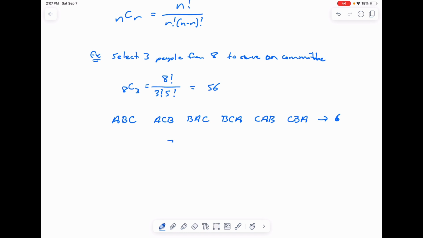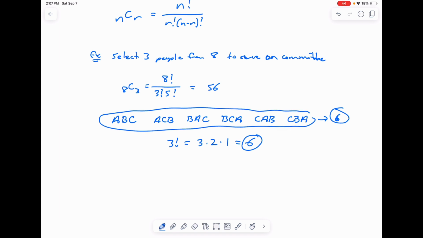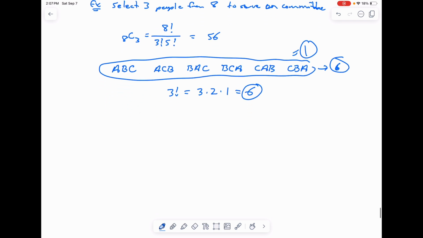Well, 3 factorial is 3 times 2 times 1, which is 6. So with that 3 factorial, we're dividing by the number of ways something can happen where the order was simply changed, to get rid of all of those repetitions. So 6 divided by 6 is 1. These 6 become counted as 1. That's why we divide by that r factorial.